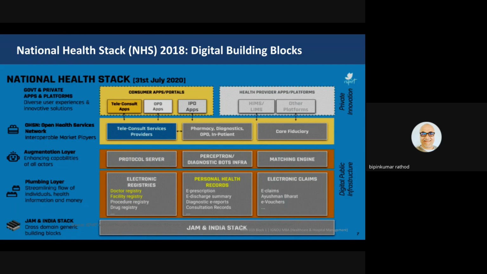On top of that, we have a plumbing layer, and that is called electronic registries. Then second is the personal health record, and third is electronic claims. Electronic registry means all the hospitals and healthcare professionals register with their digital ID.